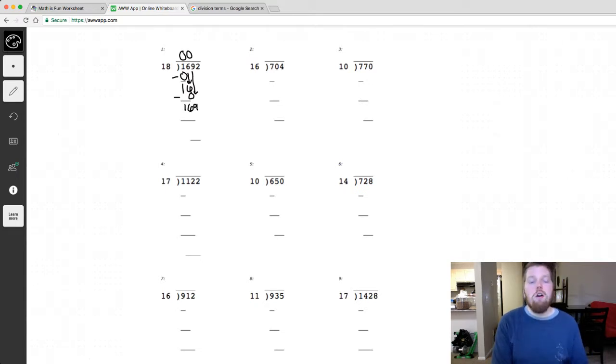169. Okay, so how many times can 18 go into 169 without going over? Most of us probably don't have our 18 times table memorized. So something that I always like to use in long division is multiplying by 10, because that is really easy to compute. So 18 times 10 is 180. That's fairly close to 169, but we went over.